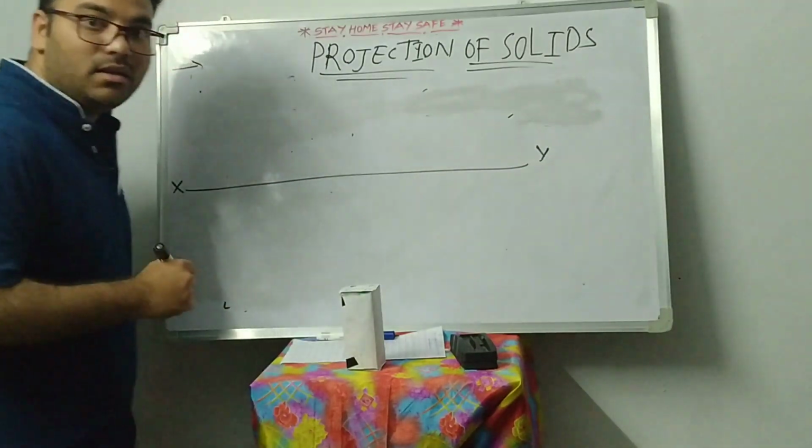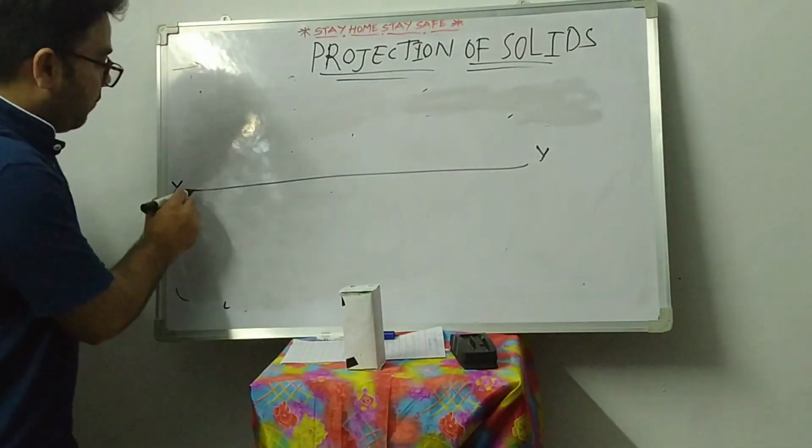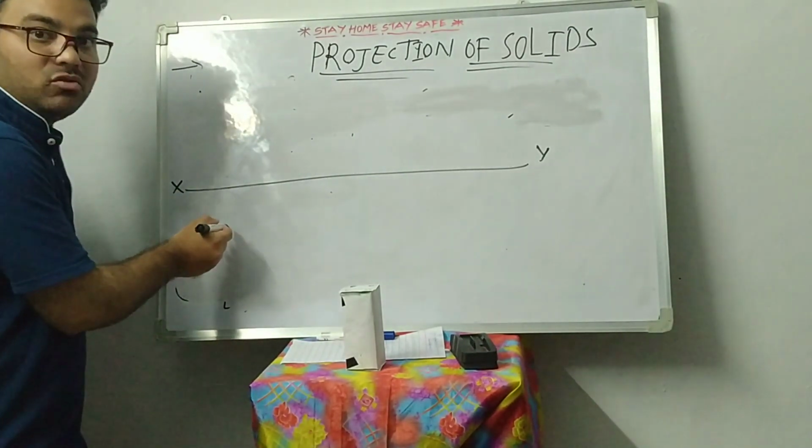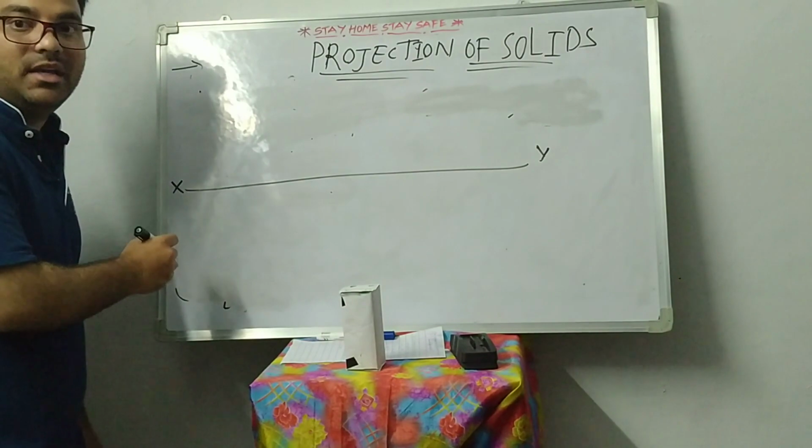So first of all I am drawing the top view. With respect to the XY reference line, give some distance, let us say 25 mm or 30 mm.